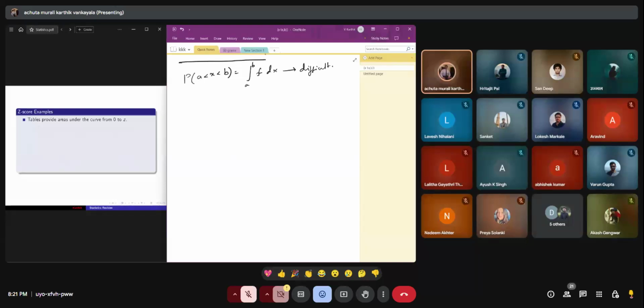So for this purpose, we have normal distribution, standard normal distribution tables. What they give is the probability of calculating the value from 0 to that point z. So tables provide areas under the curve from 0 to z.